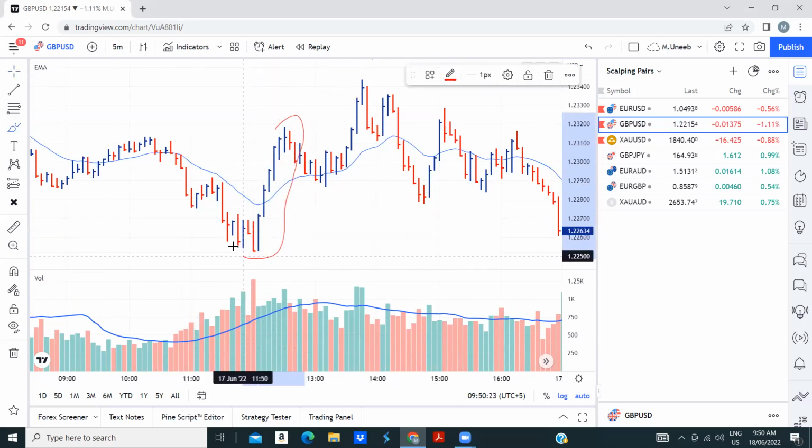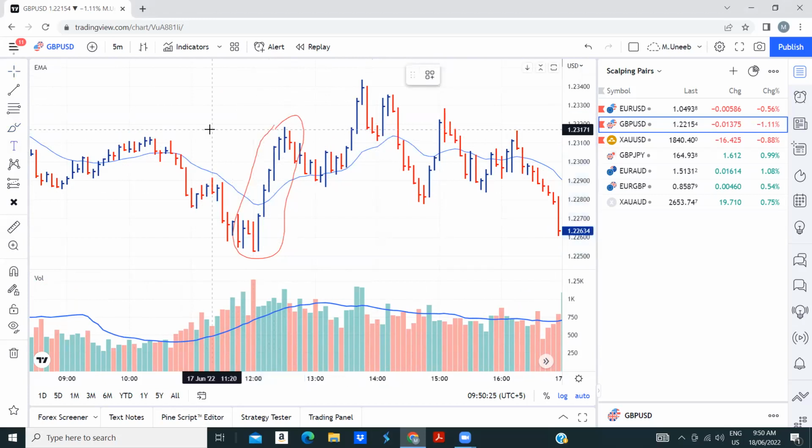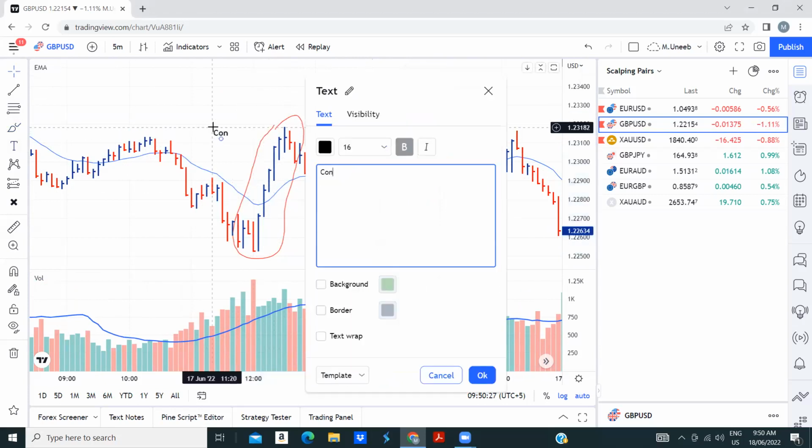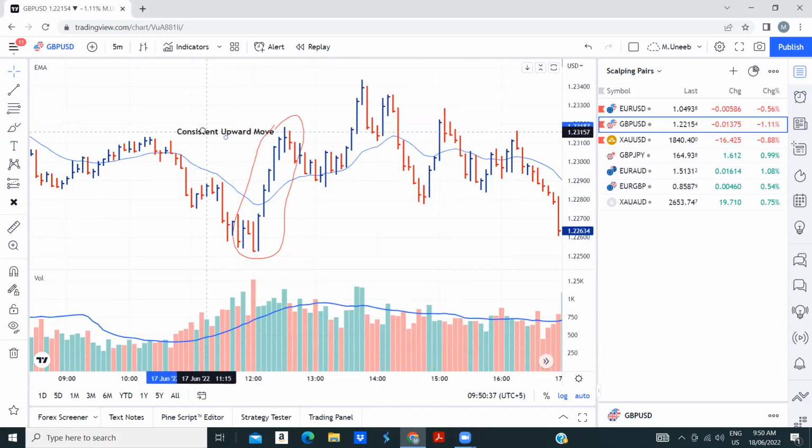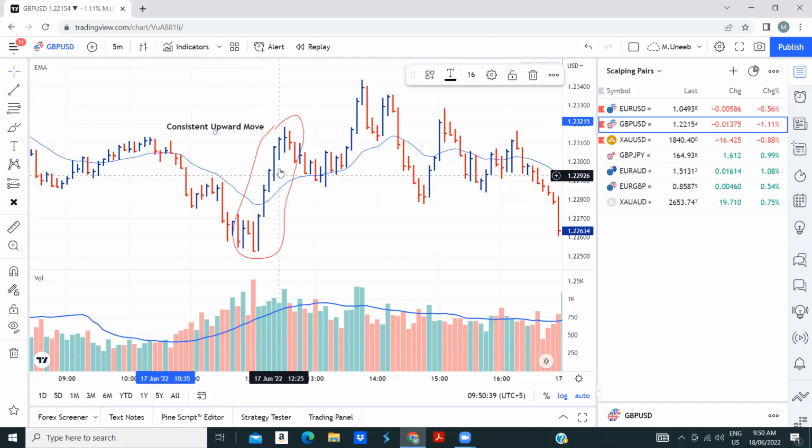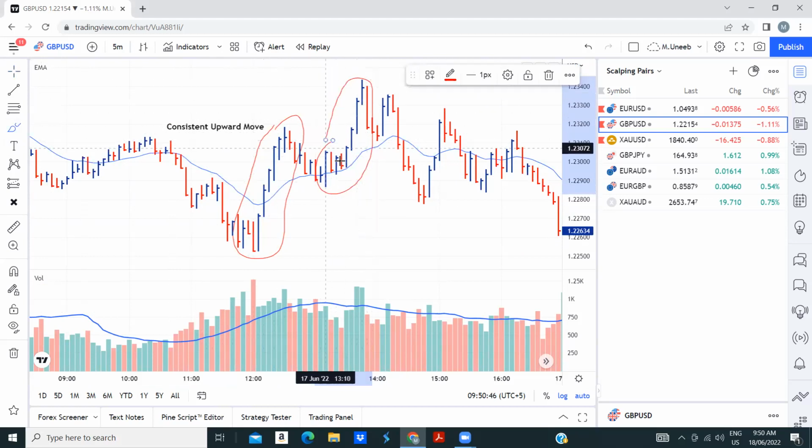This is known as a consistent upward move, right? You see the bars are increasing on average. But here, if you see this portion, first off, what happens in the starting, right over here at this move.